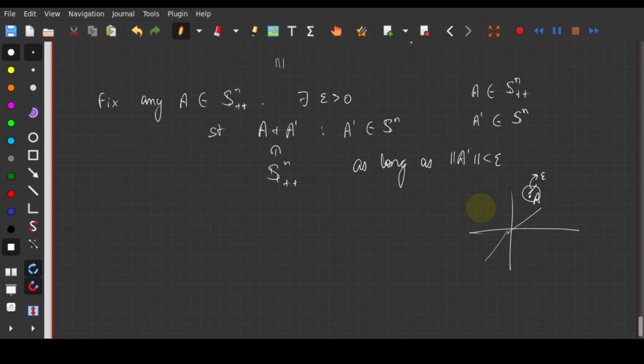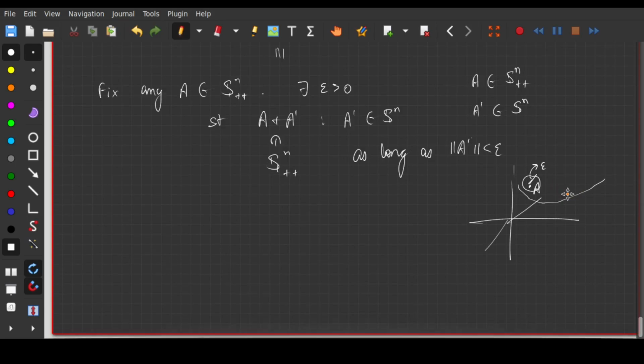It's hard to visualize this particular set. But all that I'm claiming is that as long as A is positive definite, there is still some room. I can move around the point. There is some space around it, and it still lies in the set of all positive definite matrices. And why is that true?